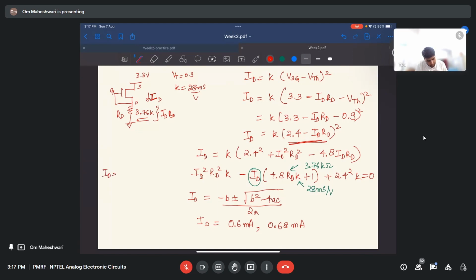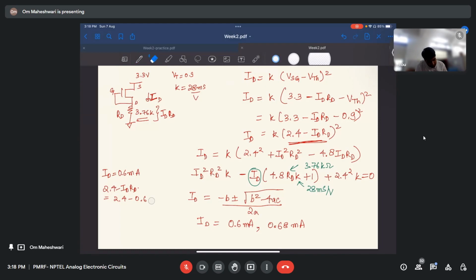When ID equals 0.6 milliamps, 2.4 minus ID RD equals 2.4 minus 0.6 times 3.76. Let me calculate what it is. It is 0.144.